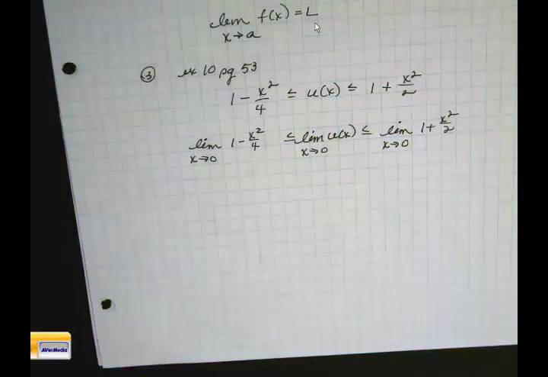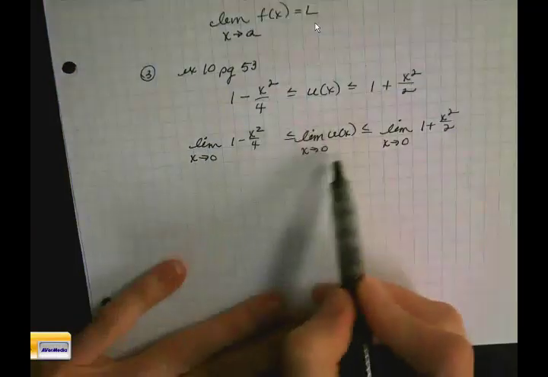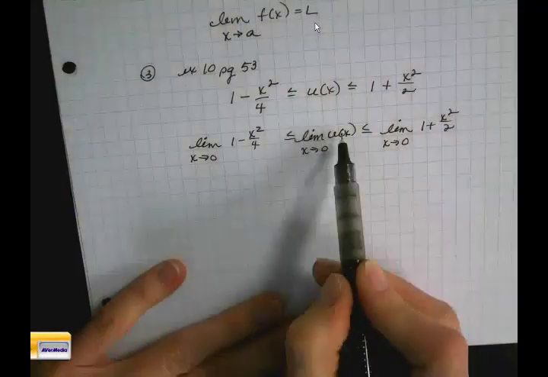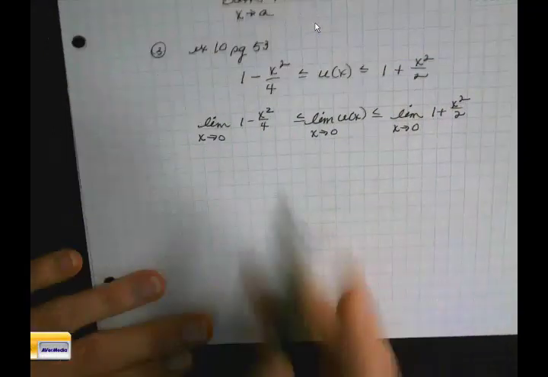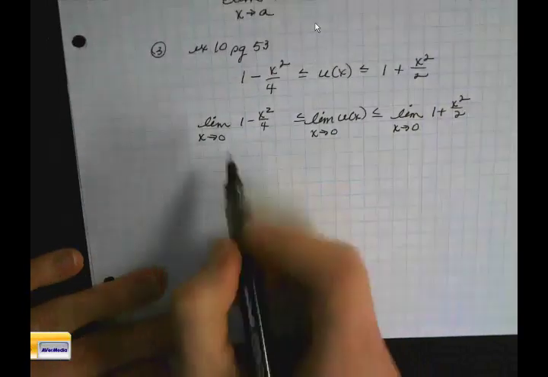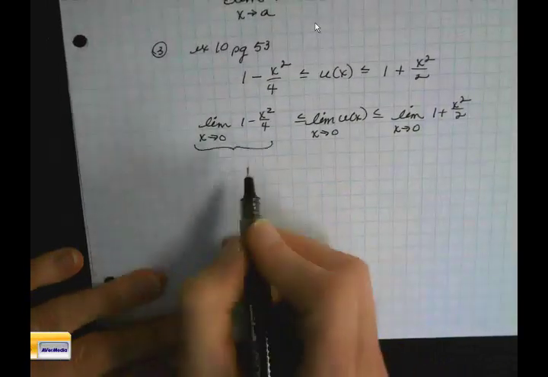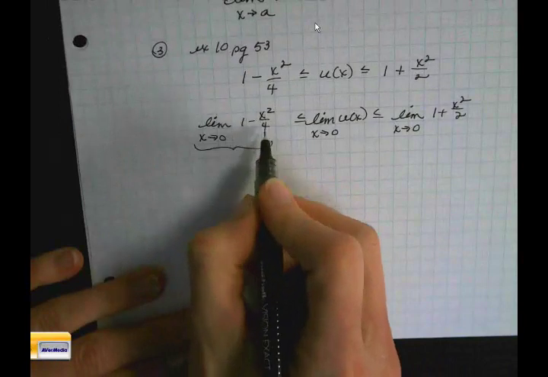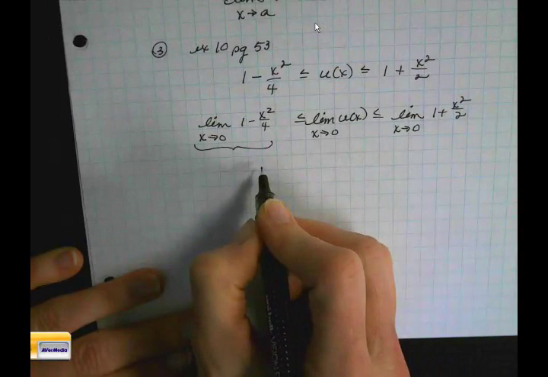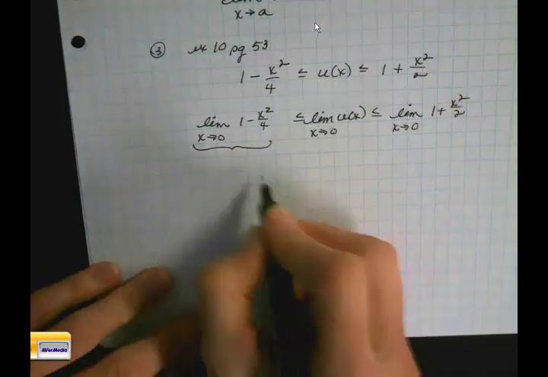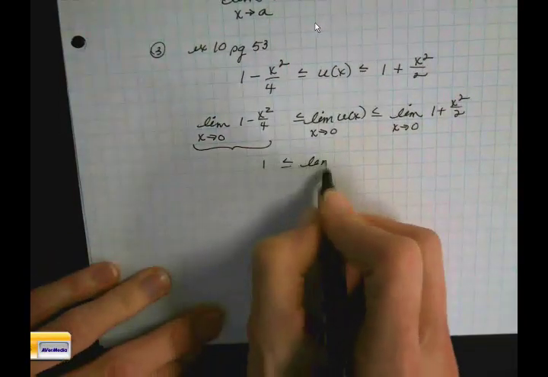So you're just taking the limit of all three. We have no clue what the limit of this function is. We don't even know what the function looks like. We don't know what it algebraically is represented. But we do know that by direct substitution, when you put a 0 in it, 1 minus 0 over 4 is going to be 1. Is that what they got? Okay, it is 1.